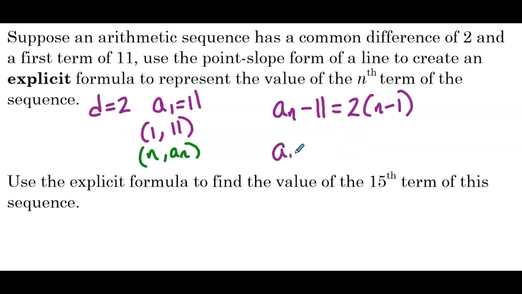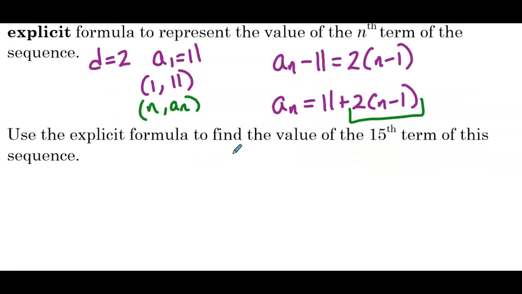And typically they have us write it as a sub n equals 11 plus 2 times n minus 1. It's essentially writing it in y equals form. Now, here's something I want to point out. Don't forget your order of operations. You need to do this multiplication first before you add it to 11. A lot of times I see students do 11 plus 2 and then multiply. Just be real careful there.